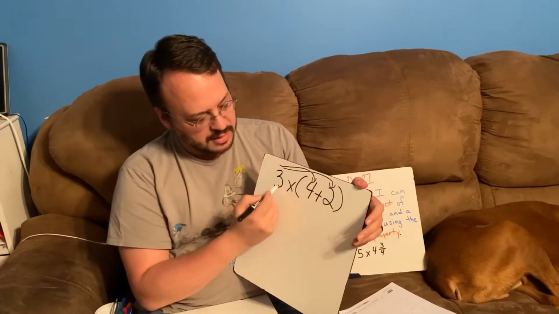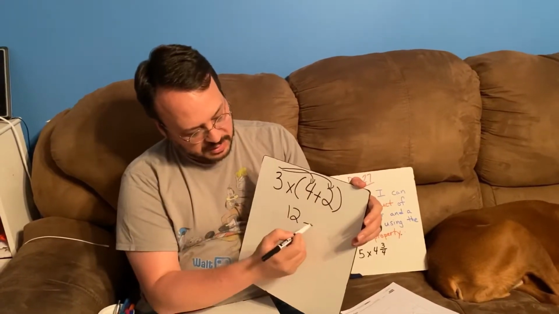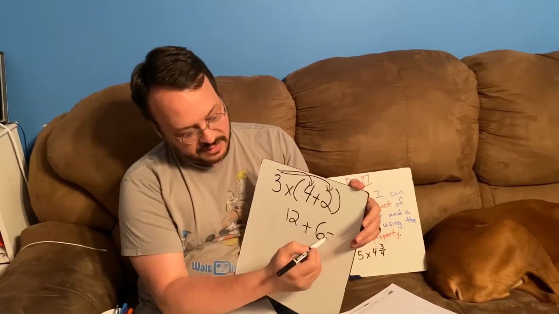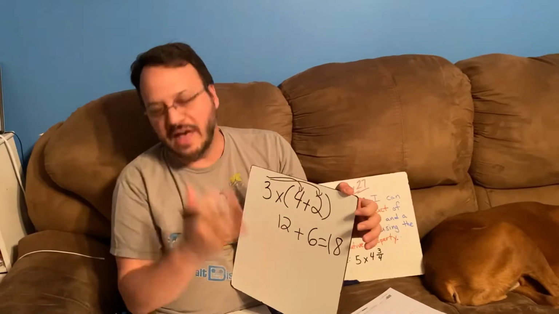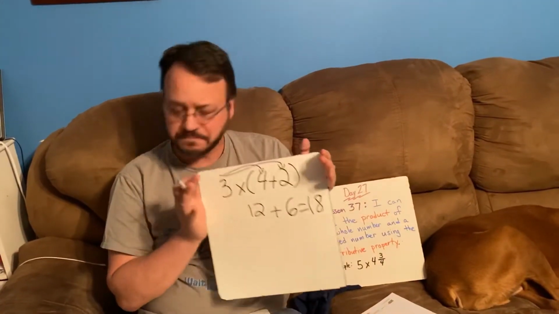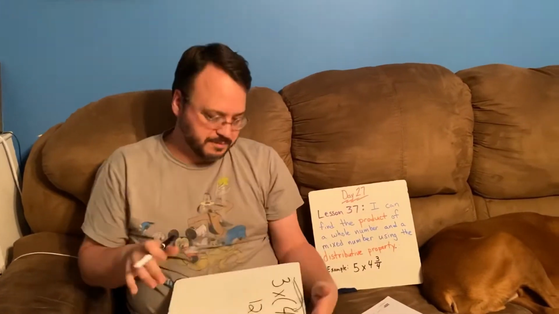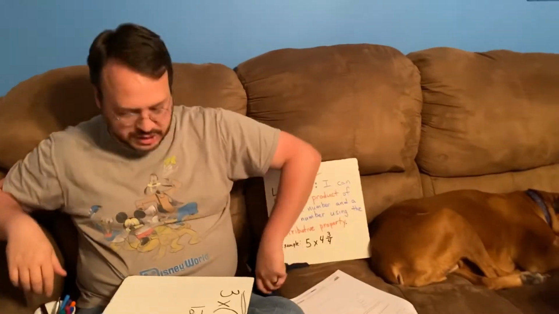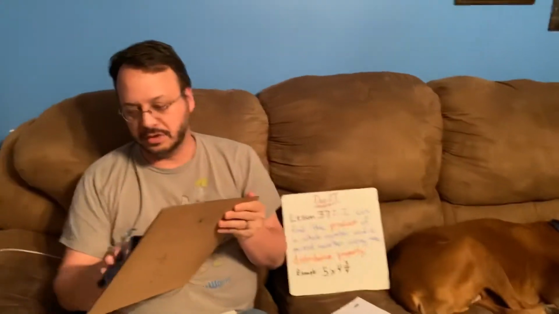So he would say, well, 3 times 4 is 12, and 3 times 2 is 6. Then he'd add those together, and you'd get 18. That's a distributive property. We're going to use that concept right there to solve problems like 5 times 4 and 3/4.